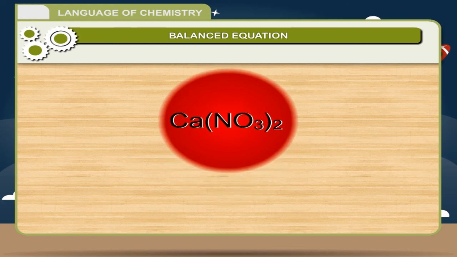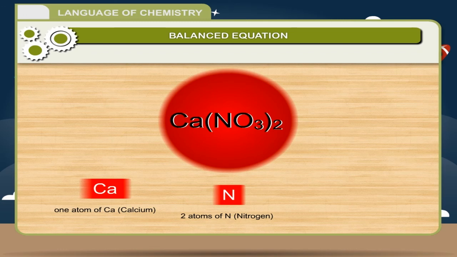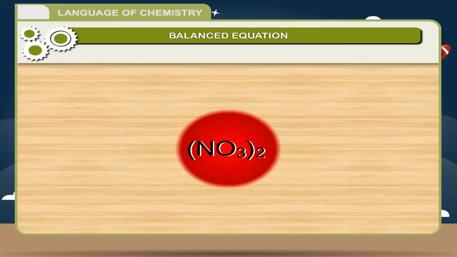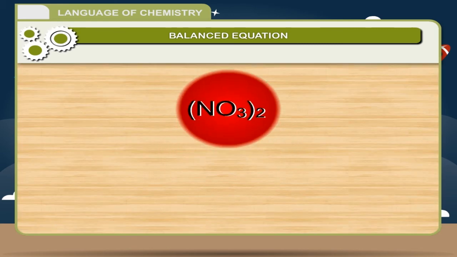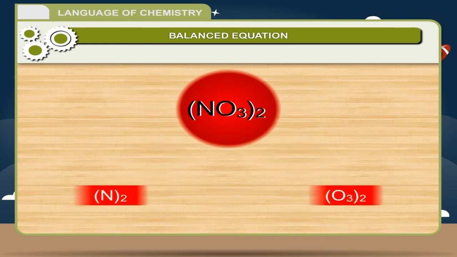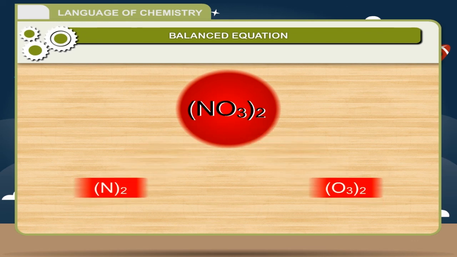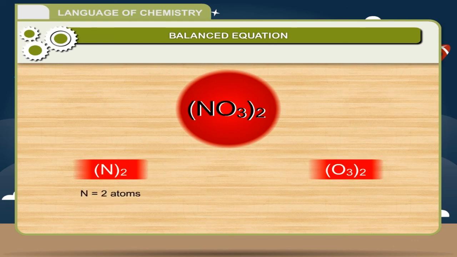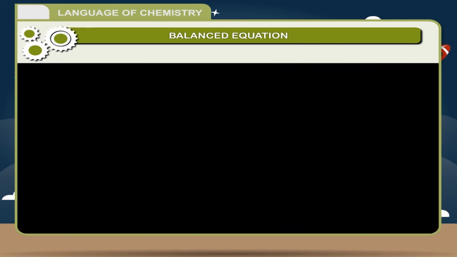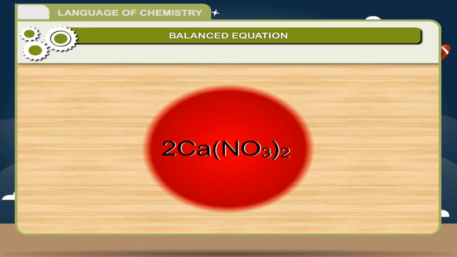This formula contains 1 atom of Ca, calcium, 2 atoms of N, nitrogen, and 6 atoms of O, oxygen. Here, (NO3)2 means N2 plus O3 twice. So, N is equal to 2 atoms and O is equal to 6 atoms. If we write 2Ca(NO3)2, then number of all atoms will be doubled.